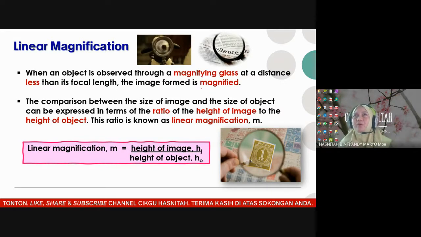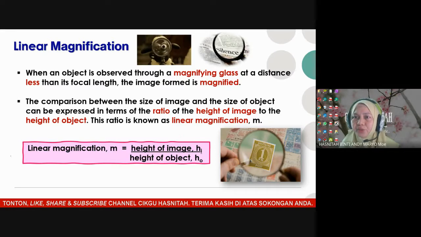So how many times the image has been magnified, we can determine by calculating the ratio of the size of the image to the size of the object. Size here is represented by the height. As you can read here in point number 2, the comparison between the size of the image and the size of the object can be expressed in terms of a ratio.